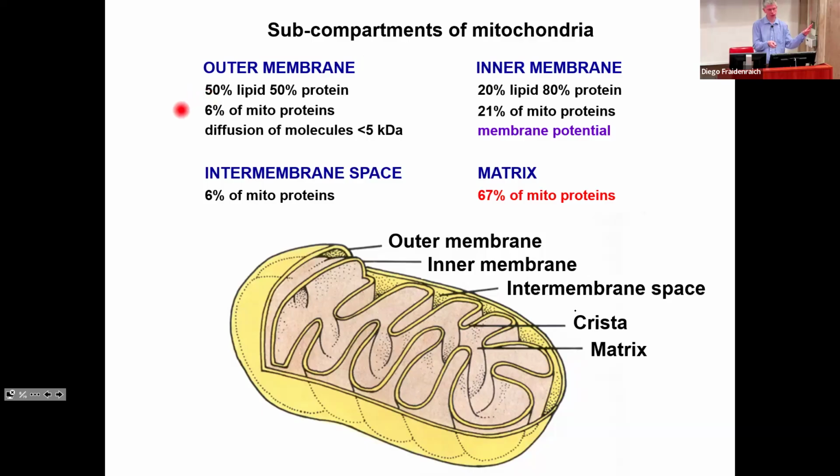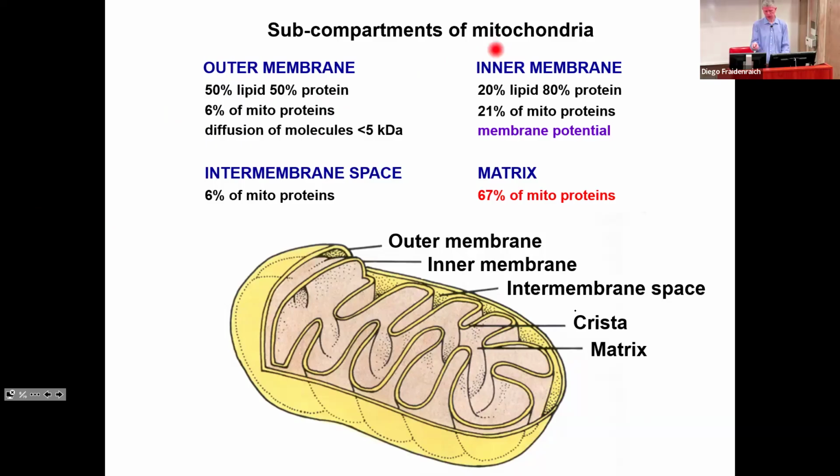Also, Dr. Suzuki will go into very much detail about this. But besides the membrane, there are proteins embedded in the membrane. So this is about half protein and half fat component. This is about 6% of total mitochondrial proteins.